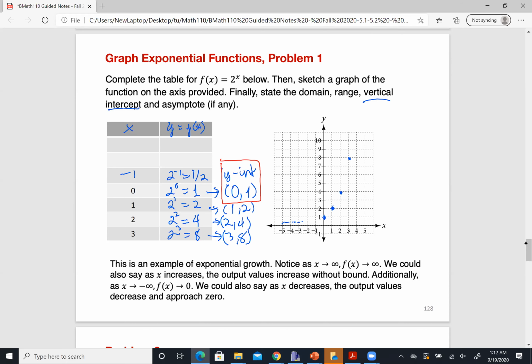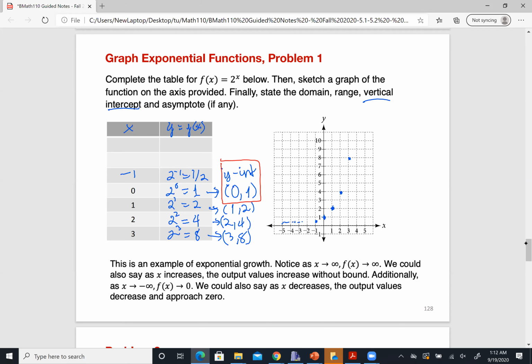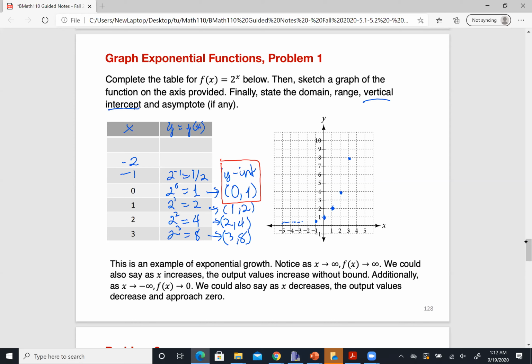Okay, so that is over here, right? So if I choose something like maybe -2, is that going to be a negative number for the y value?